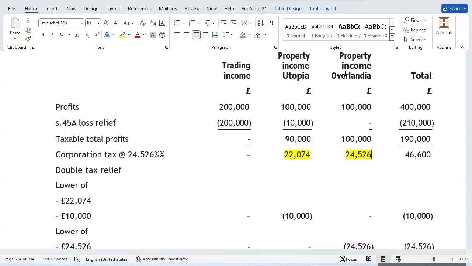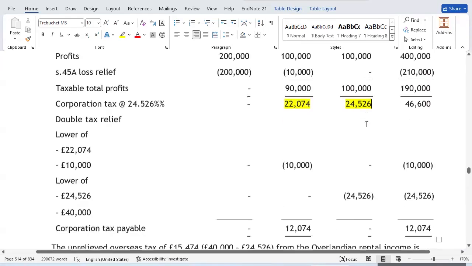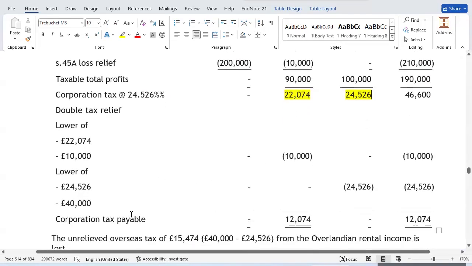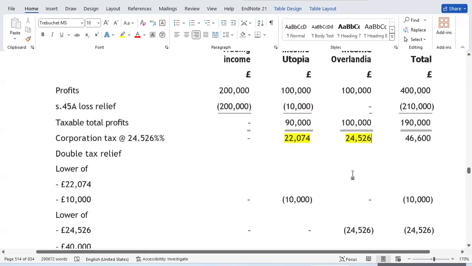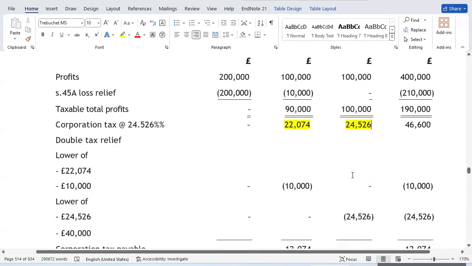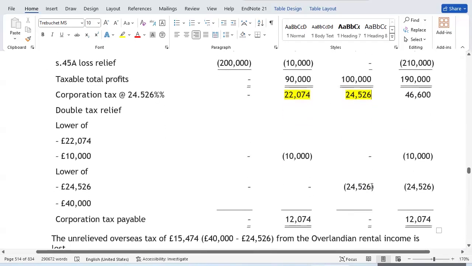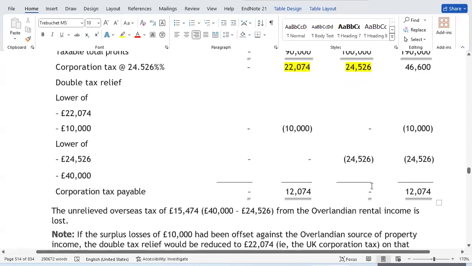Yes, correct, that's the logic. If I allocate the 100,000 here, let's say there's 210 here, and I allocate to Overlandia 0, then the lower of 0 and 40K is 0. So this question is actually a good learning experience.